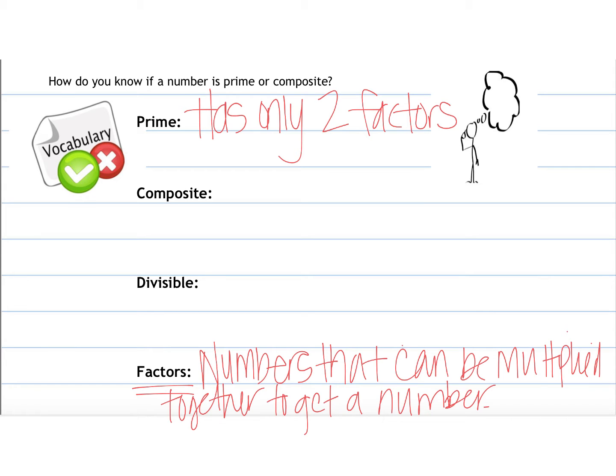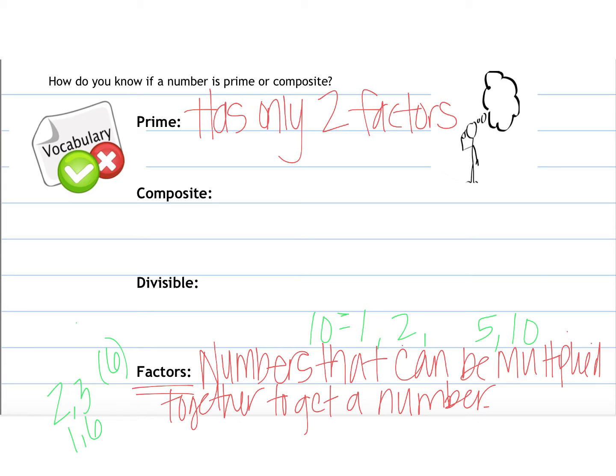So, for example, 2 and 3 are factors of 6 because 2 times 3 equals 6. 1 and 6 are also factors of 6 because 1 times 6 is 6. If we look at 10, and the way we write out factors, well, I know that 1 and 10 are factors, 2 and 5 are factors, and then that's it.